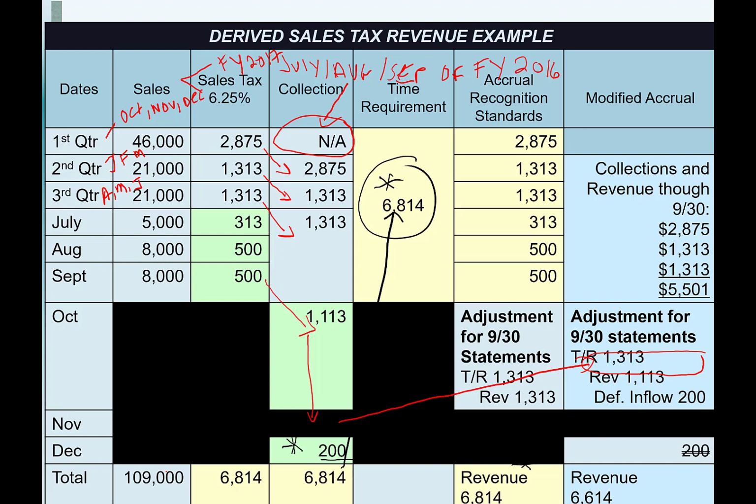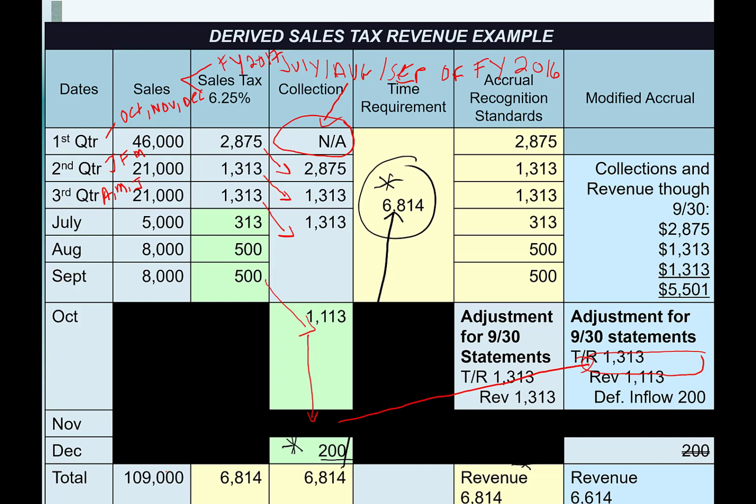We have to look to the collection, and we see that 1,113 was collected within the 60 days, because we get that in October, but 200 fell outside of the 60 days.